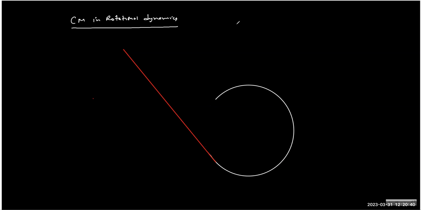So we have a fixed circular track of radius capital R, and we have a spherical object, a ball, of radius small r.